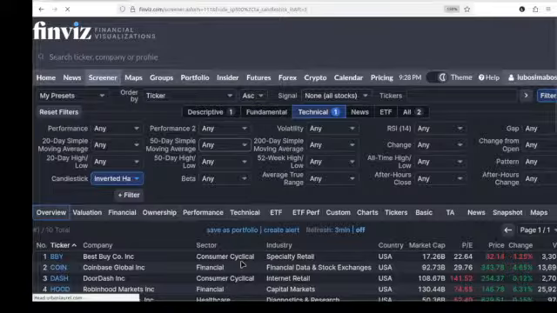So the thing I love about the inverted hammer, okay, it's very rare.